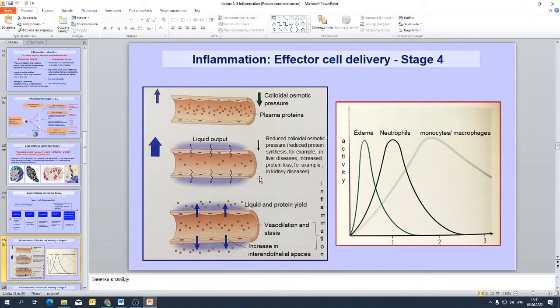Inflammation, for example, vasodilatation, and this increases the interendothelial space, for example, between endothelial cells.